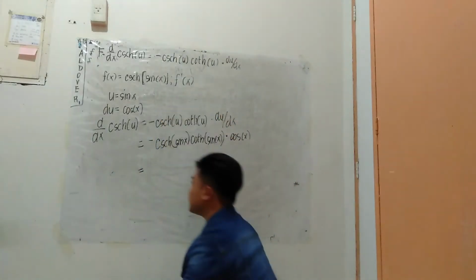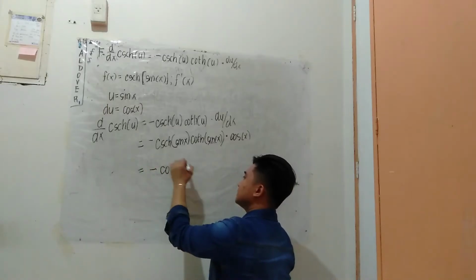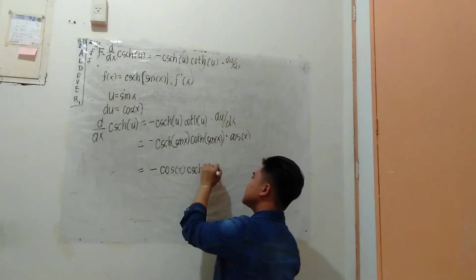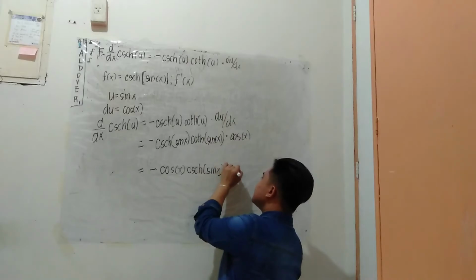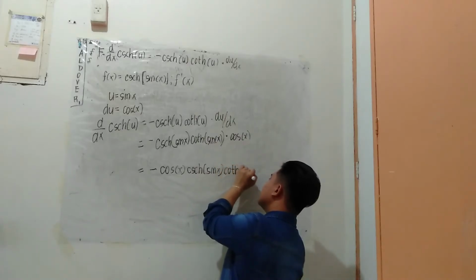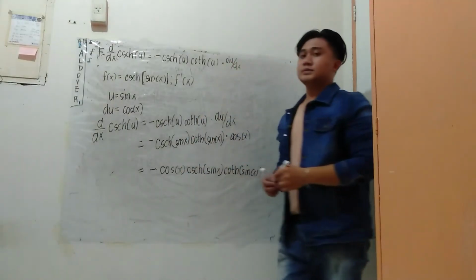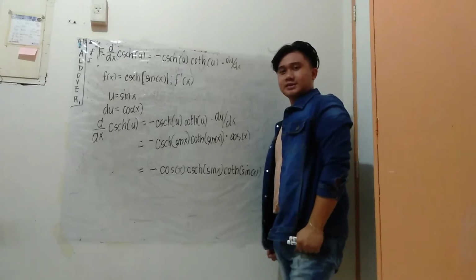This is equals to negative cosine of x times the hyperbolic cosecant of sine x times the hyperbolic cotangent of sine x. Okay, so it is as easy as that. So, copy.